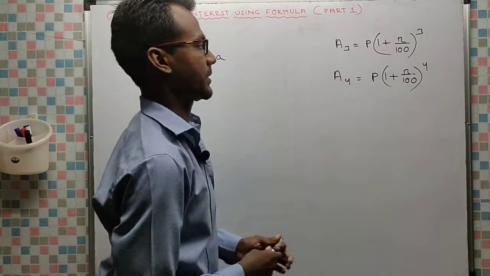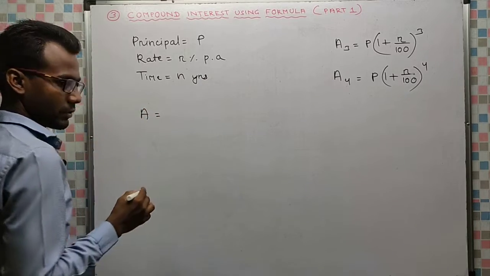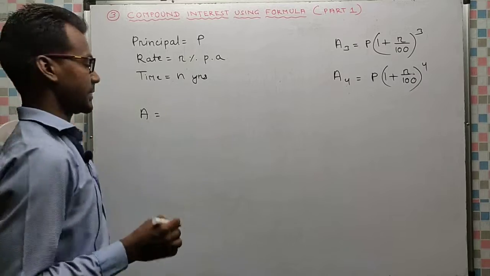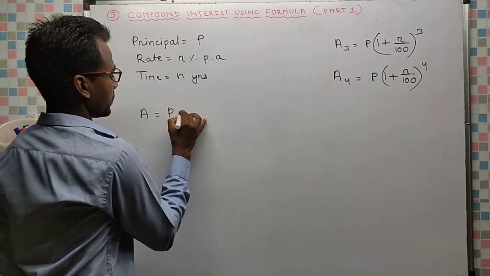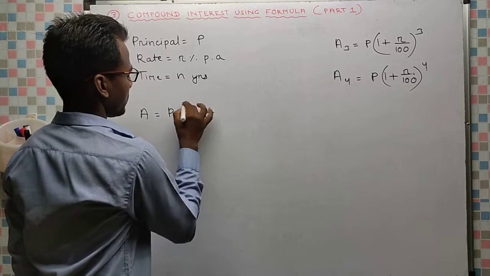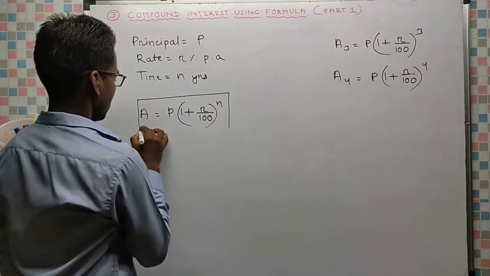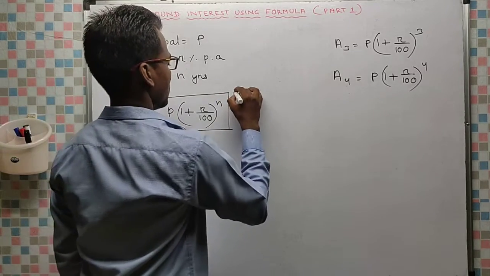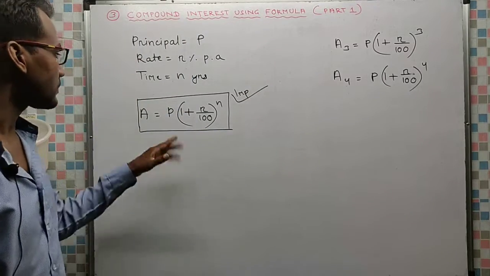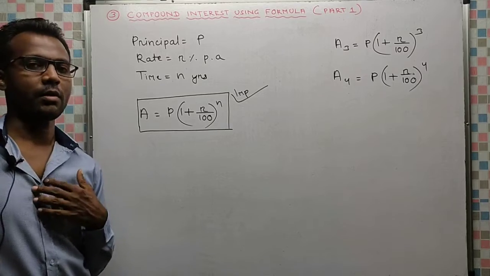So from this we can understand that the formula should be A is equal to, this formula you have to write, for n years, P into 1 plus R by 100 whole power n. So this is the formula for amount, P into 1 plus R by 100 power n.